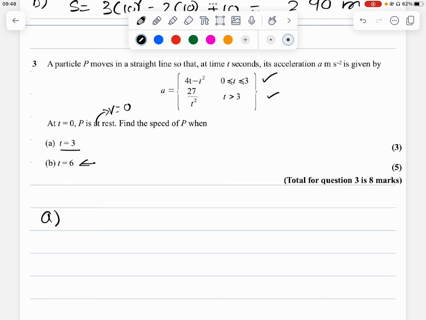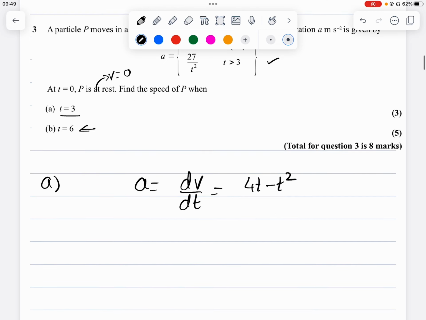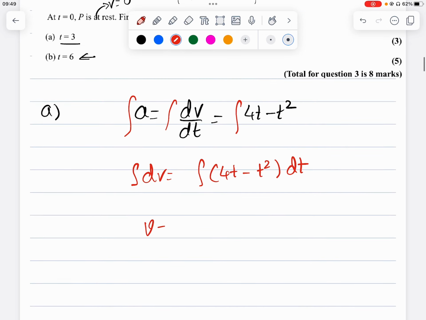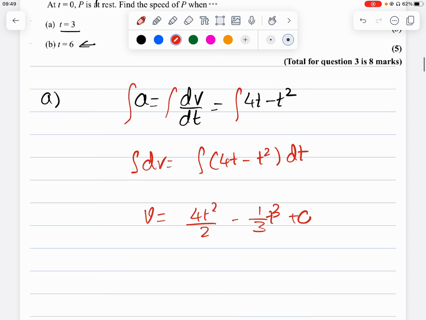So for part A, first equation, a = dv/dt, which is 4t - t². So I want the velocity, so integral. The integral of dv equals the integral of (4t - t²) dt. So velocity v = 4t²/2 - t³/3 + c.